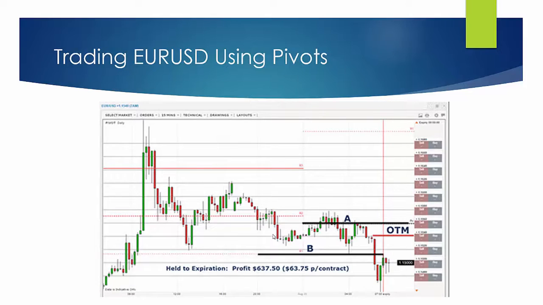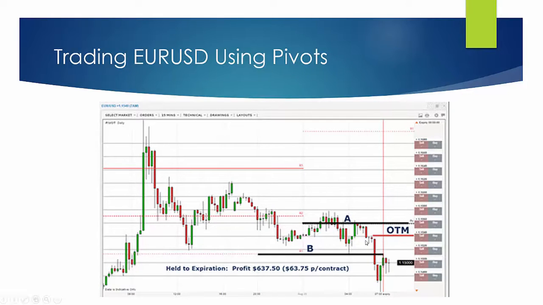It does, and it goes down, breaks through the support line, comes back to test it, and closes in the money at 7 a.m. That gives me a $63.75 profit per contract, or $637.50 trading 10 contracts.